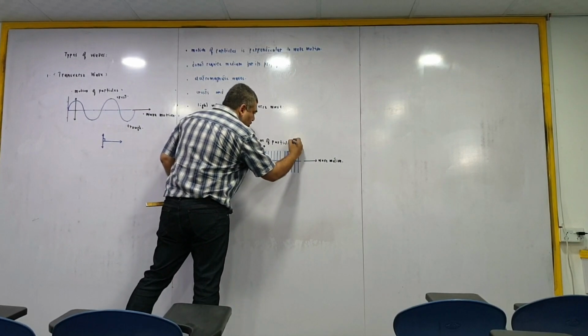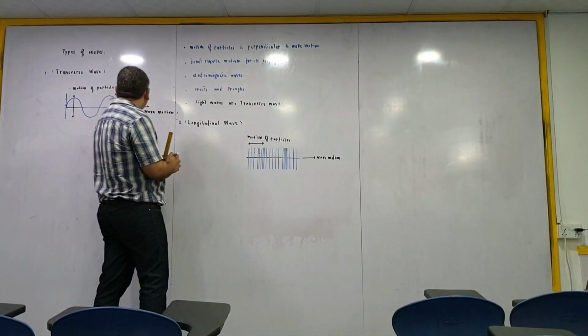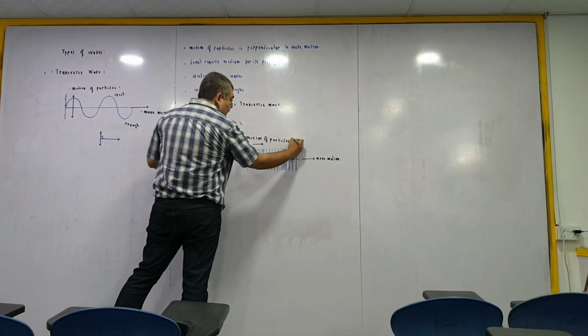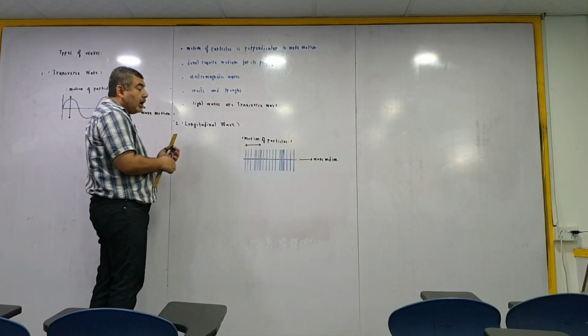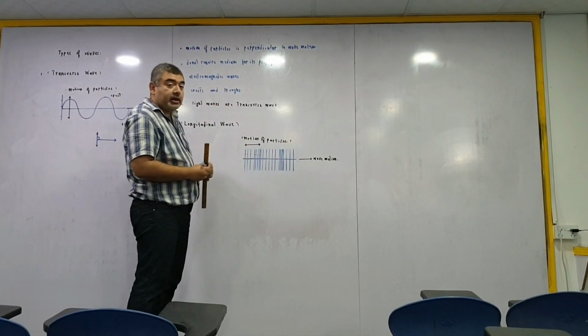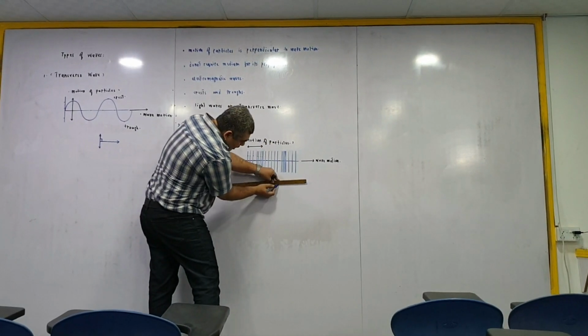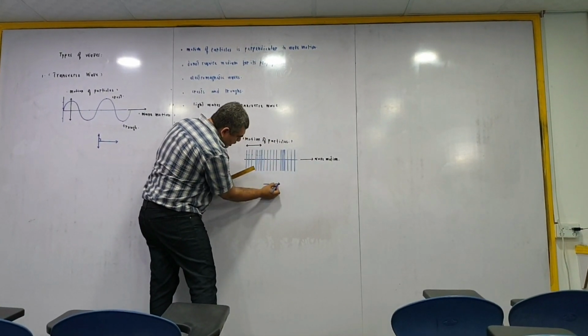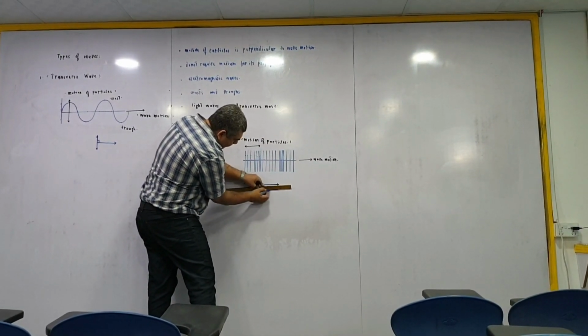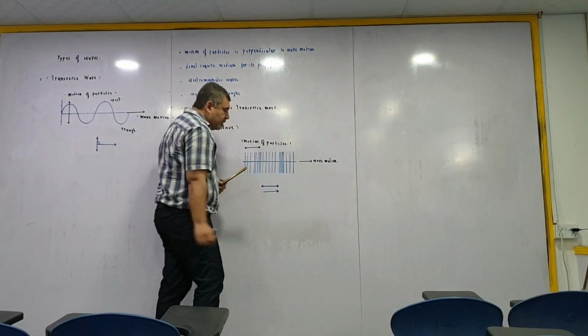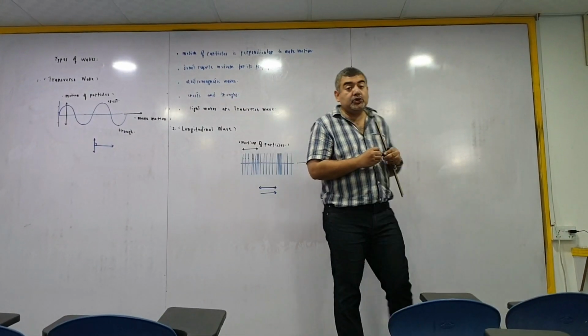Right? So what you are observing in this example is that the motion of particles is actually parallel to the wave motion, or the motion of particle is in the direction of wave motion. And if I draw it, this is the motion of the particle and this is the wave motion. Both are parallel to one another.